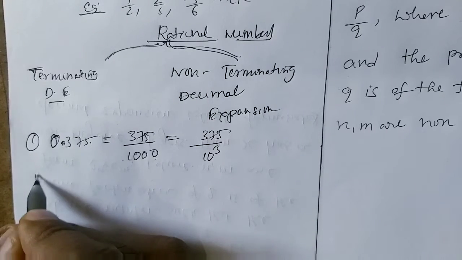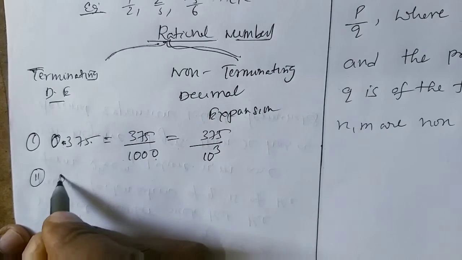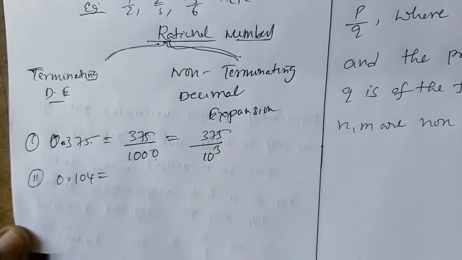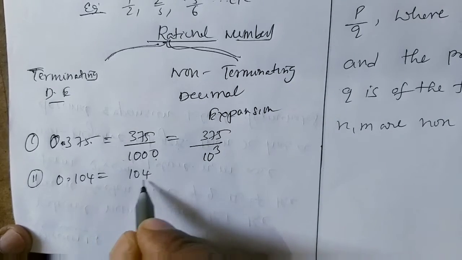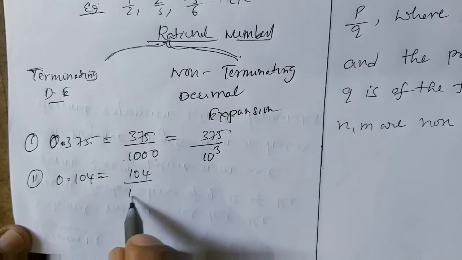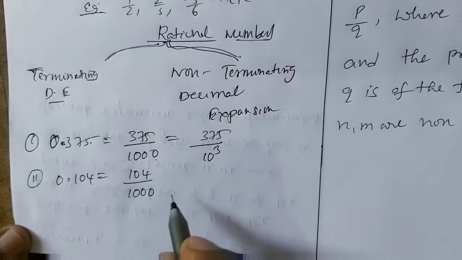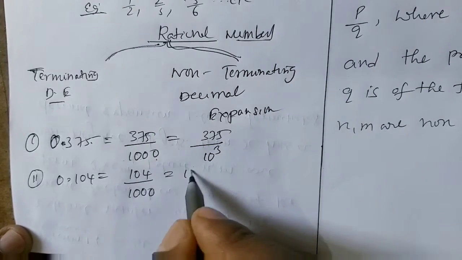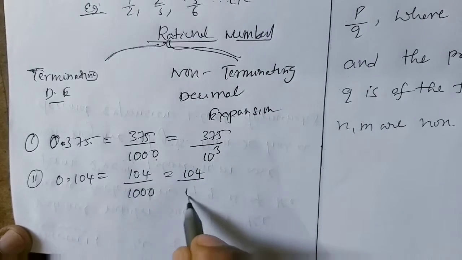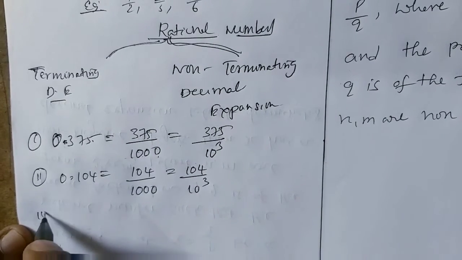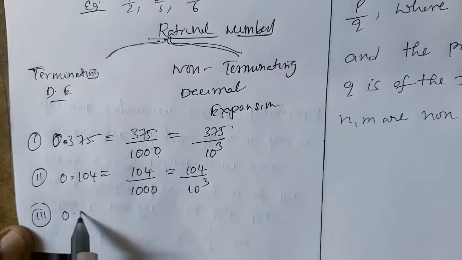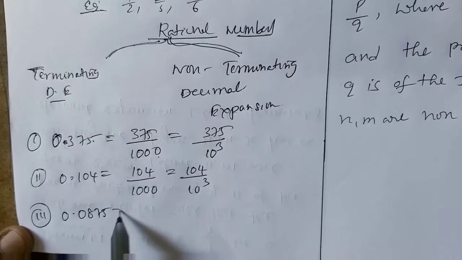Now see one more example. Let us take the second example, 0.104. This number can also be written as 104 by how much? 100. So 104 by 1000, that is 104 by 10 cube. Now I am taking one more example, 0.0875.